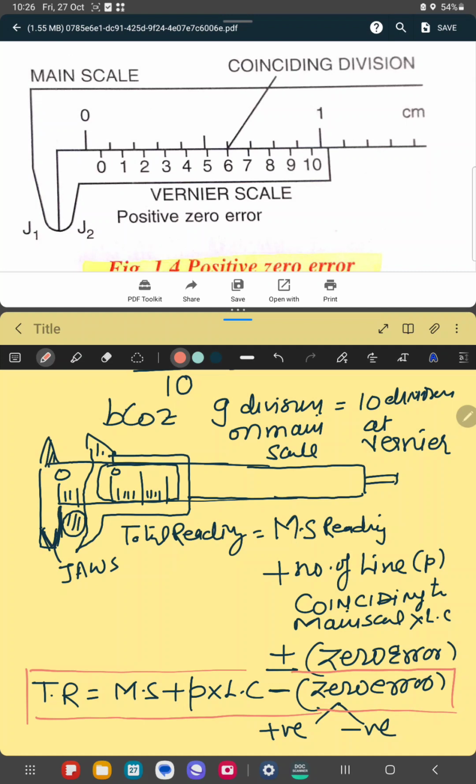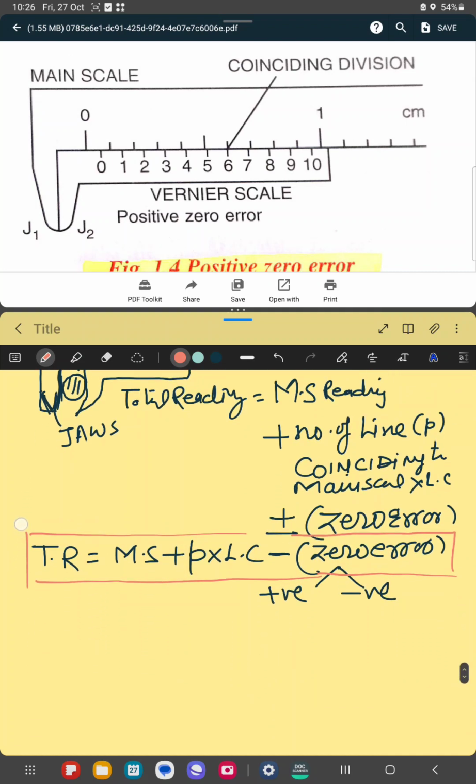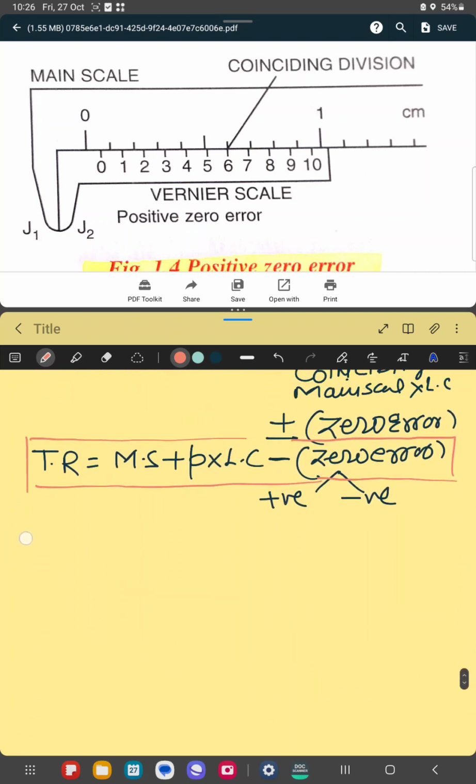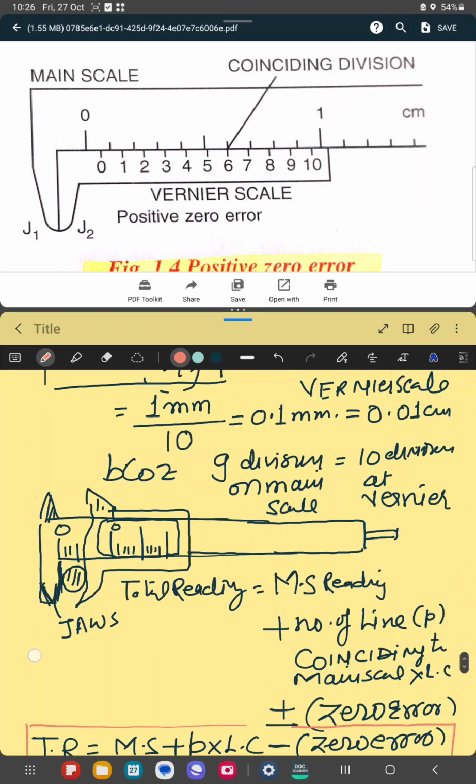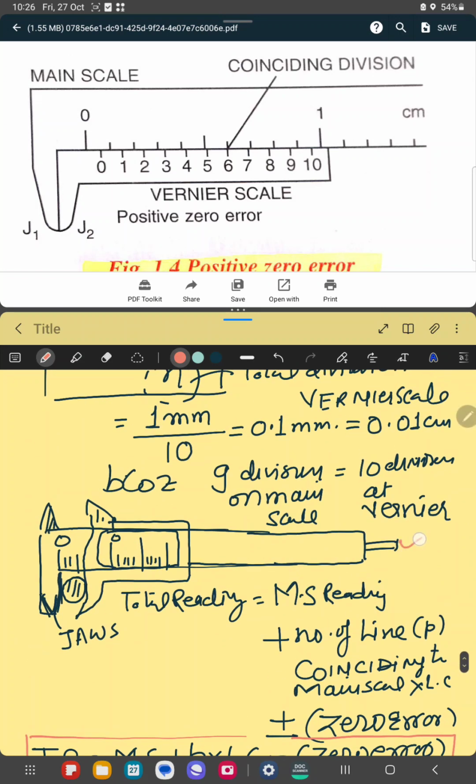Fine. And for the rest of it, this section is called the strip, which is used to measure the depth of the beaker.